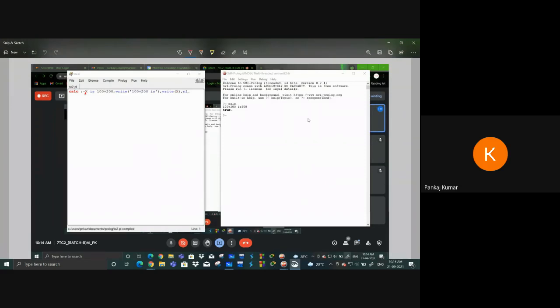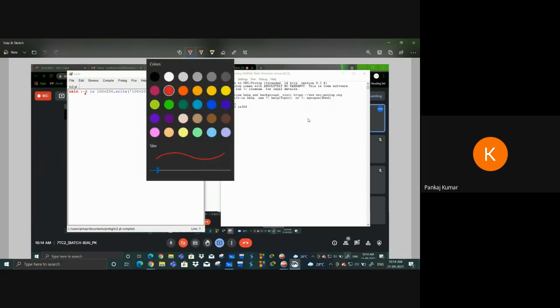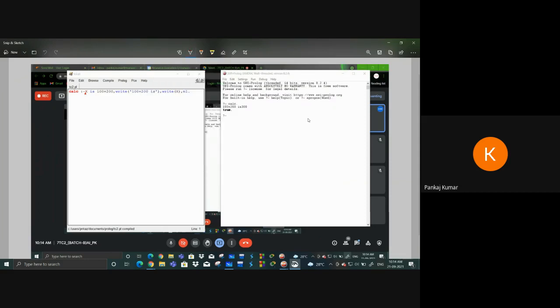Yeah. So now see. Here I am defining one relation. What is the relation? I can define calculate. So I have to perform some calculation operation.